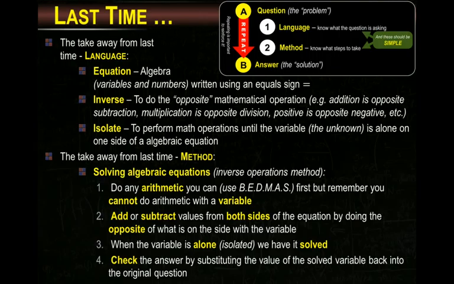So just get the arithmetic out of the way. Remember, you can't do arithmetic with a variable because you don't know what it is. Then add or subtract from both sides, that's the balance part, by doing the opposite. So if it says plus 4, you do a minus 4. If it says minus 5, you do a plus 5. When the variable's all alone, you've solved it and you're done. And then you should check it.